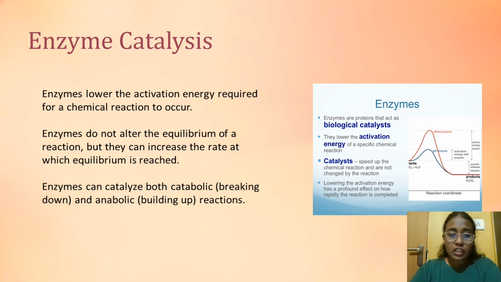Catabolic reactions break down, whereas anabolic reactions build up. Enzymes are proteins that act as biological catalysts. Catalysts speed up the chemical reaction and are not changed by the reaction.